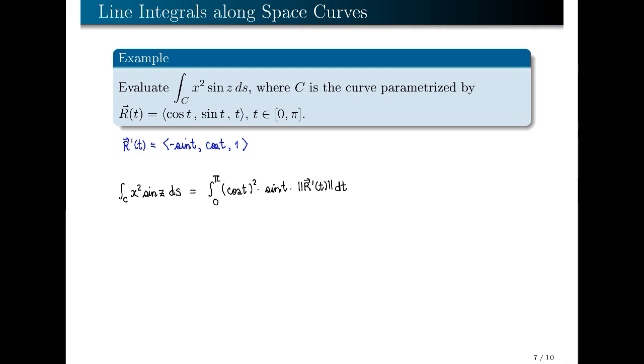Continuing, we obtain the integral from 0 to pi of cosine squared t sine t. Computing now for the magnitude of r prime of t, we obtain the square root of the square of negative sine t, which is sine squared of t, plus the square of cosine t, which is cosine squared of t, and the square of 1, which is 1, dt.